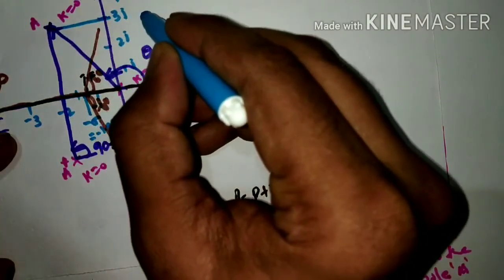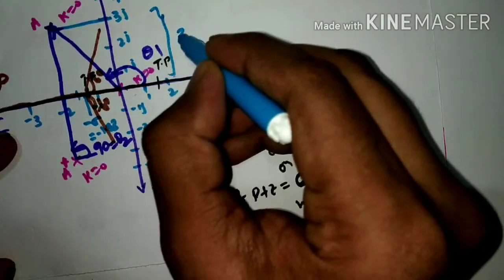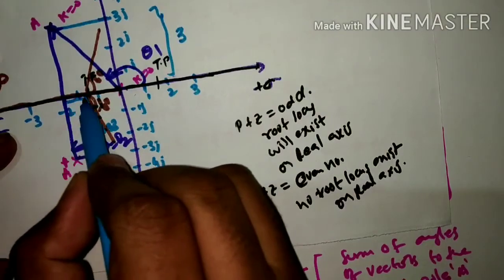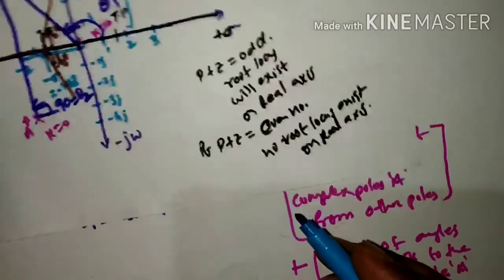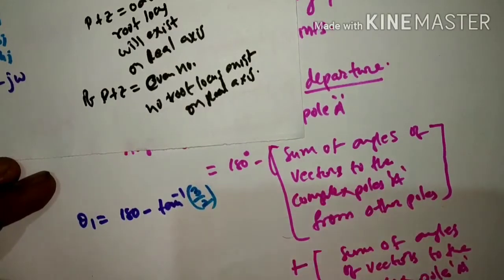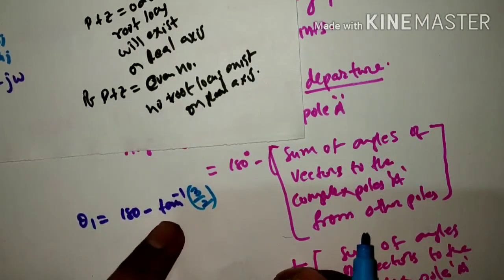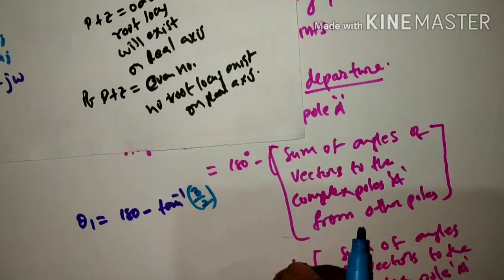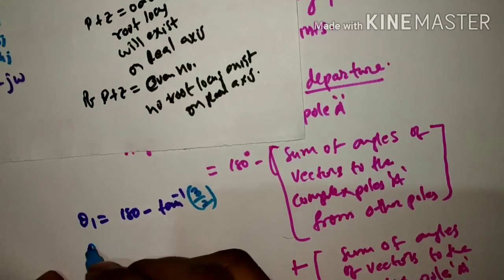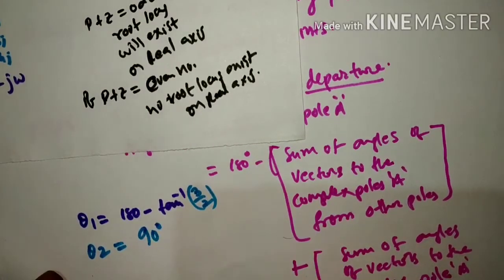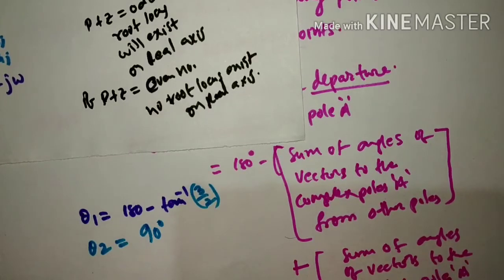It is only from this portion, 3 units. The real part from here to here is 2 units. So theta 1 is equal to 180 minus tan inverse 3 by 2. You already know theta 2 is 90 degrees. The sum of angle contribution of zeros is 0.